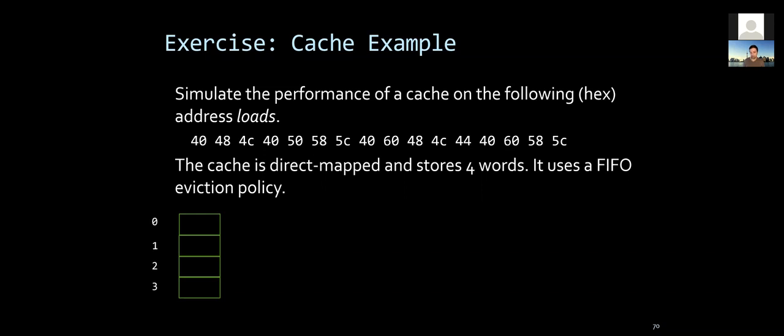The last 4 bits for address 42 in binary would be 0010. Is this clear? Yes. So the last 2 bits, 10, are just the offset within a block. So 42 means somewhere in the middle here I'm going to store this. But the preceding 2 bits, 00, tell me the index of the block I want to use.